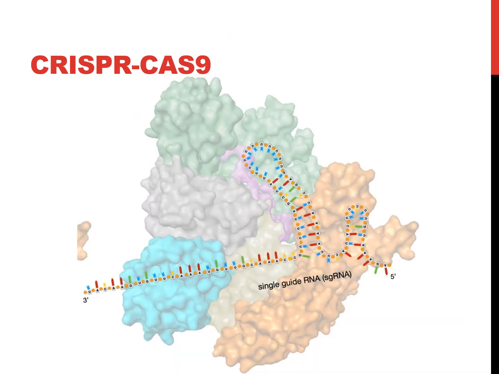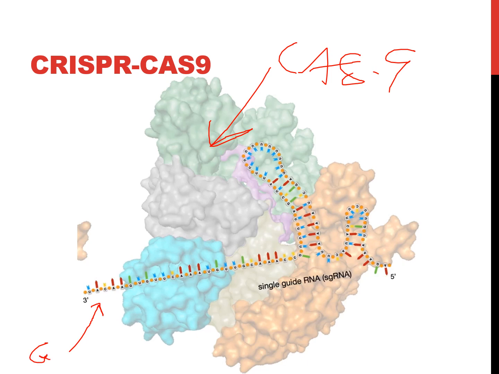Okay. So again, this is showing the CRISPR-Cas9 enzyme. You have the Cas9 behind here, and of course you have your gRNA, or guide RNA, and that's made from the CRISPR tracer RNA. As you can see, it hooks in here to this part of the polypeptide, so this orange polypeptide.